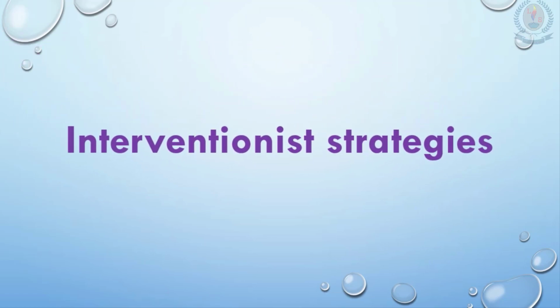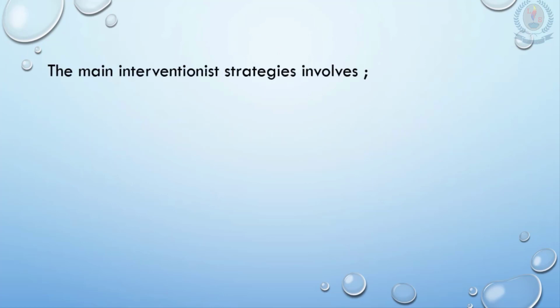Having looked at the market-oriented strategies, let us now move on to interventionist strategies. The main interventionist strategies involve development of human capital. Education and skills have long been recognized as an important factor in economic development.